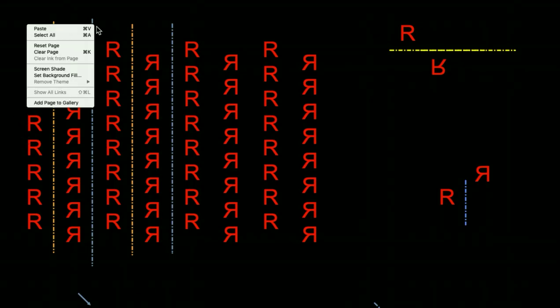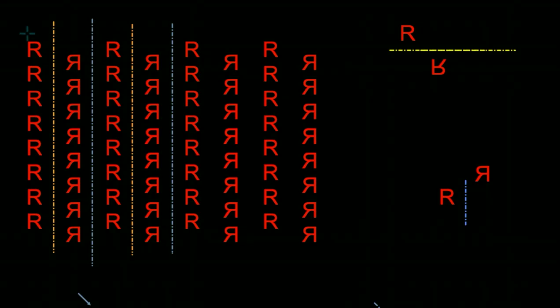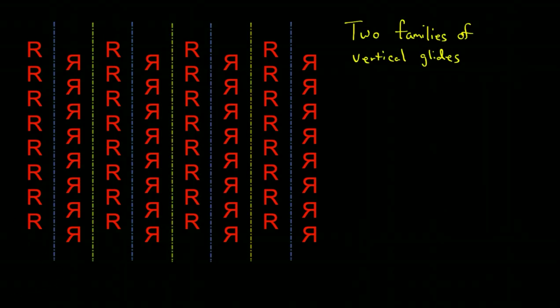It goes from here to here. And so you can't take these light yellowish glide lines into the blue glide lines. So this particular wallpaper pattern has two families of vertical glides, one of them shown in green here and one of them shown in blue.